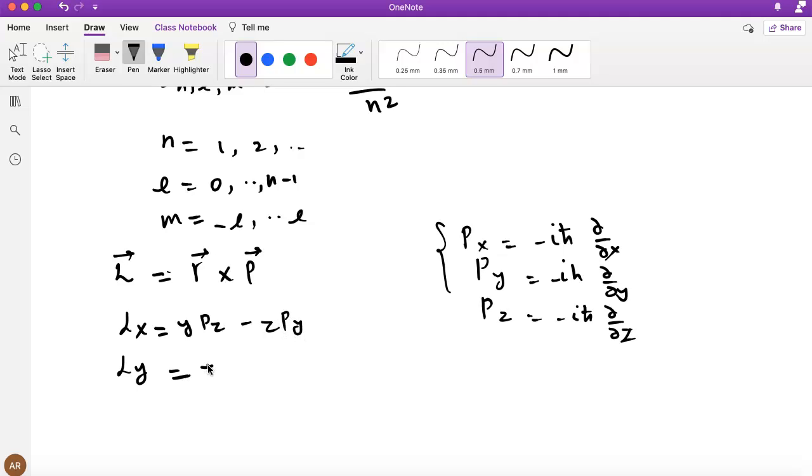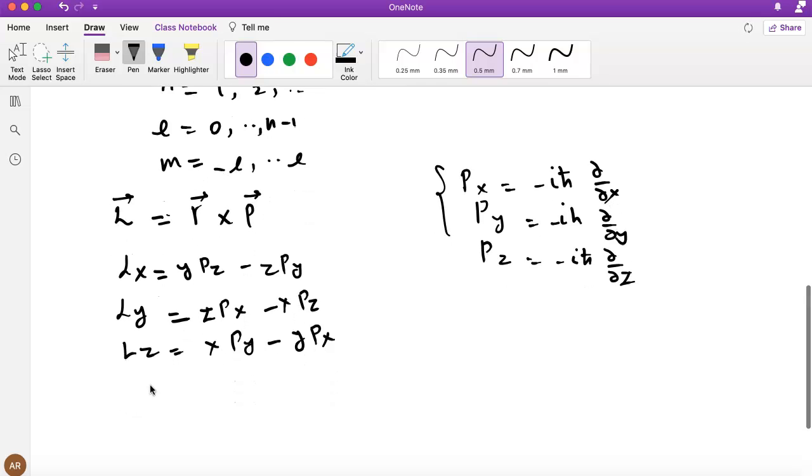Ly becomes z times px minus x times pz. And Lz is x times py minus y times px. And then there's the total angular momentum, L squared, which is just Lx squared plus Ly squared plus Lz squared.